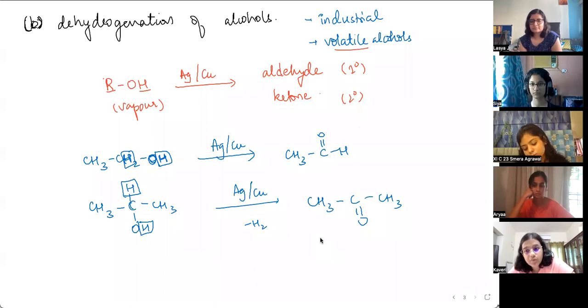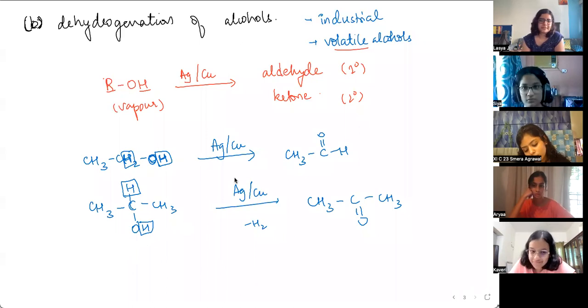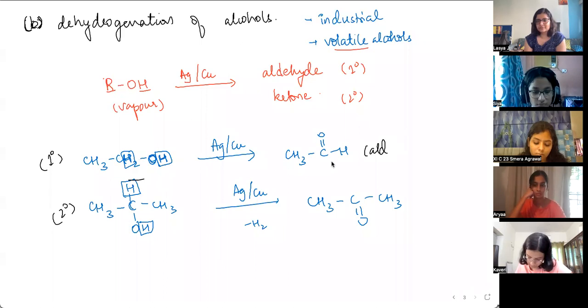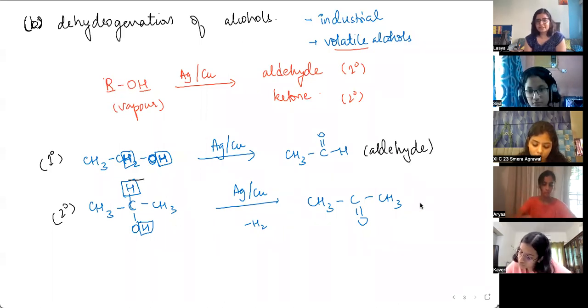In the isopropyl example, this is a primary alcohol and this is a secondary alcohol. The primary one gives an aldehyde purely because it's at the end of the chain. The secondary one gives a ketone purely because it's in the middle of the chain.